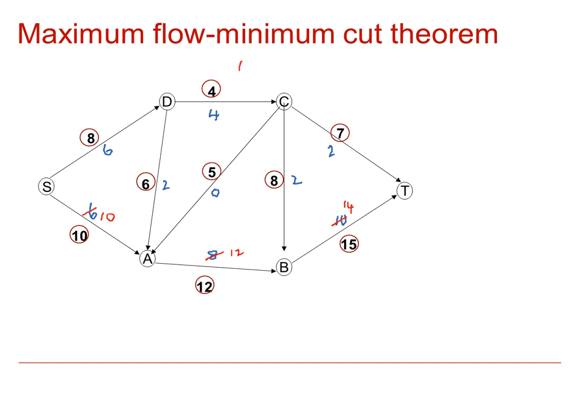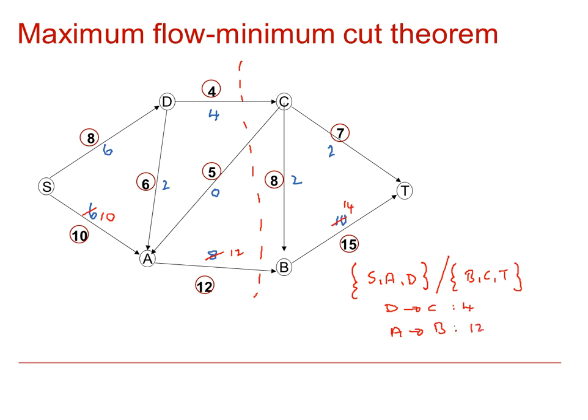And it's actually quite a straightforward one. It comes down here, and that cut, which goes with S, A and D, cut with B, C and T, then we've got the arc going from D to C, which has got a capacity of 4, and an arc going from A to B, which has got a capacity of 12, and we can see therefore the value of that cut is equal to 16.